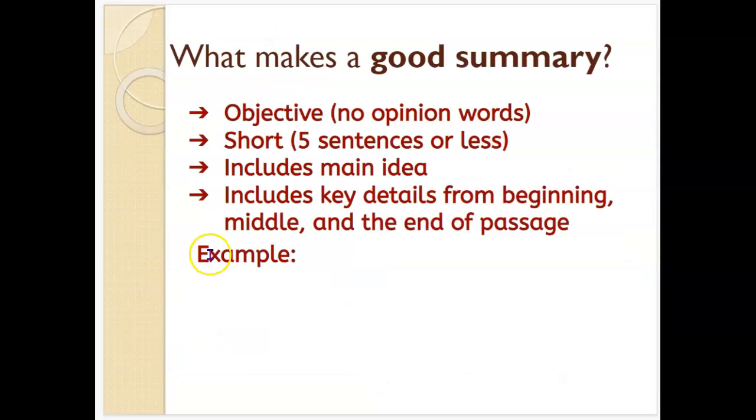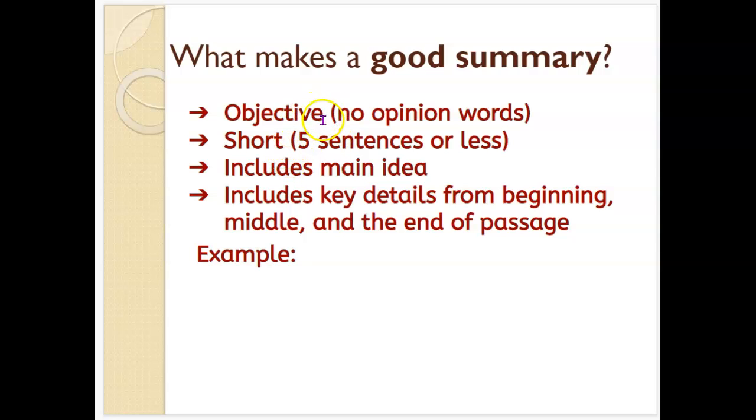Okay, another key idea that we talked about for Unit 3 is what does it take to have a good summary? So if you keep in mind that a good summary is a sentence or a paragraph, depending on what you need to do for the passage, that includes the beginning, middle, and end of the passage. It should be objective, meaning there should be no opinion words, just the facts of whatever the passage says. So no personal bias in a good summary.